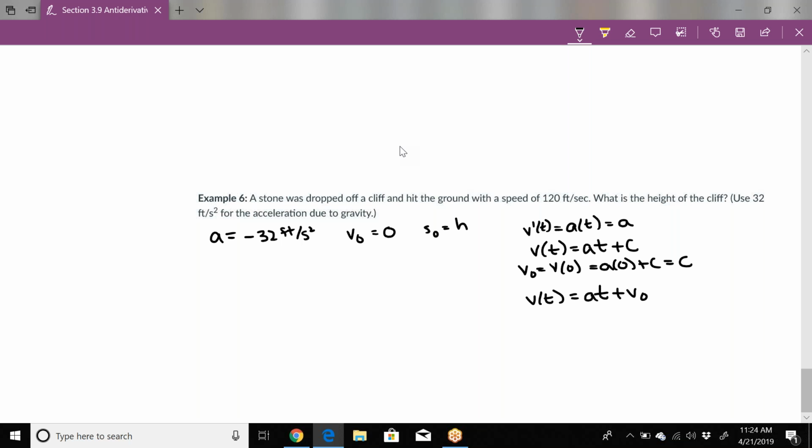So then if we take the antiderivative of v of t, that's going to be s of t, and this would be a times t squared over 2 plus v sub 0 times t plus c again, or d if we want to use a different variable.